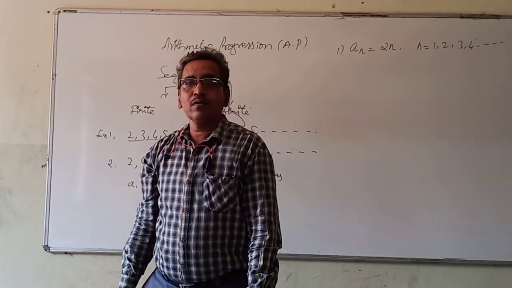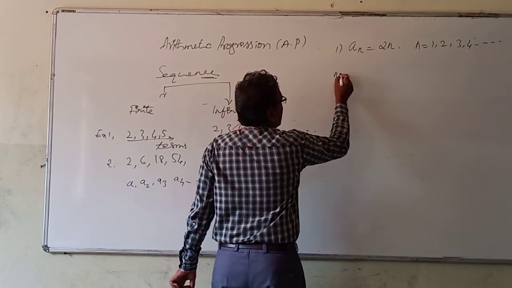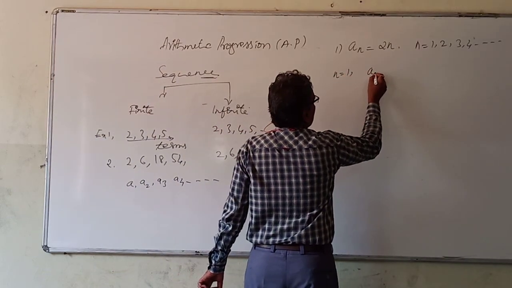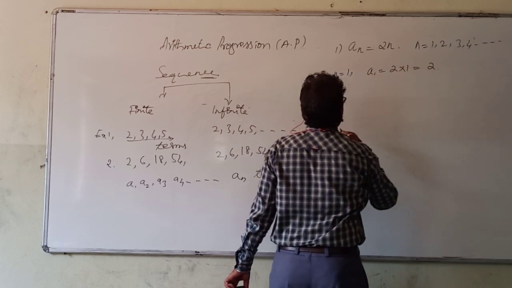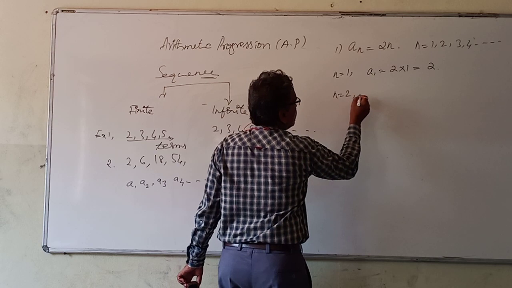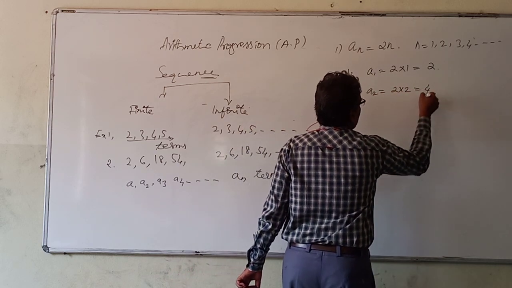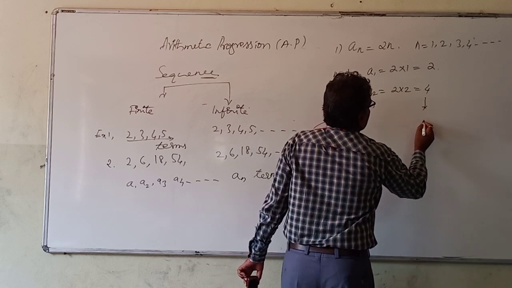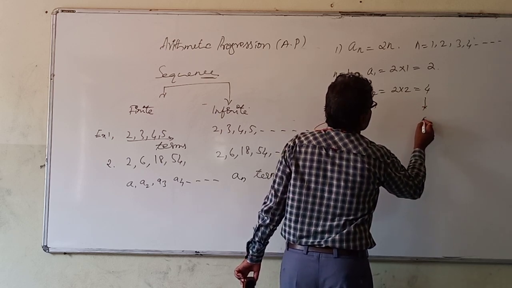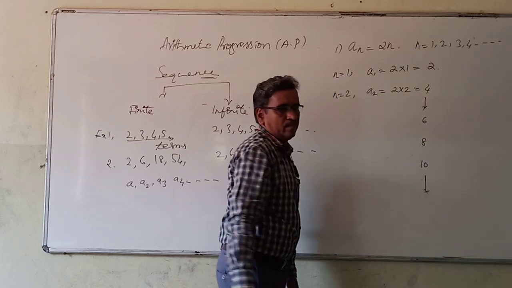For n equal to 1, a1 is equal to 2 into 1, which is 2. For n equal to 2, a2 is equal to 2 into 2, which is 4, and so on. You can write 6, 8, 10 and so on.